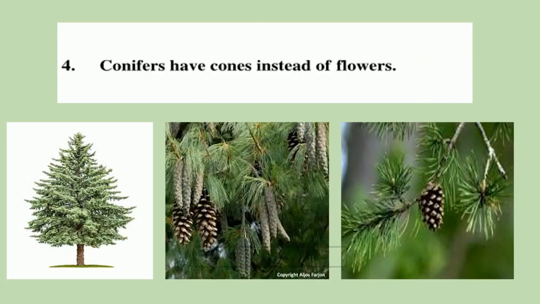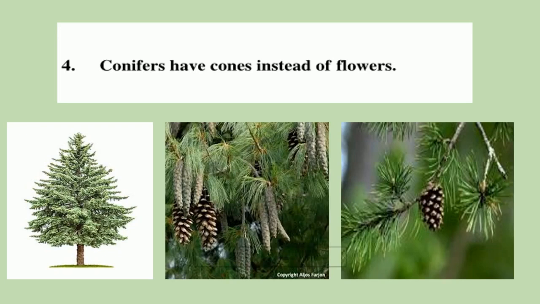Number 4 is conifers have cones instead of flowers. First of all, I will explain what conifers are. A conifer is a tree that has cones and needle-like leaves and is typically evergreen. The major importance of conifers is as the source of softwood. Conifers don't have flowers.